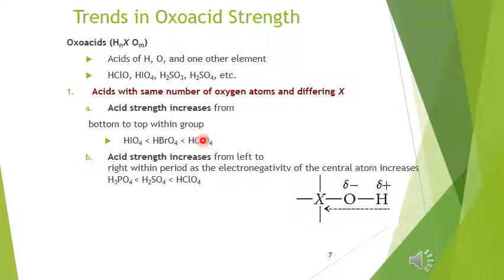And what it does is just kind of spreads out the electrons. So in this case, the electronegativity of the central atom increases the acid strength or increases the weakness of the base.